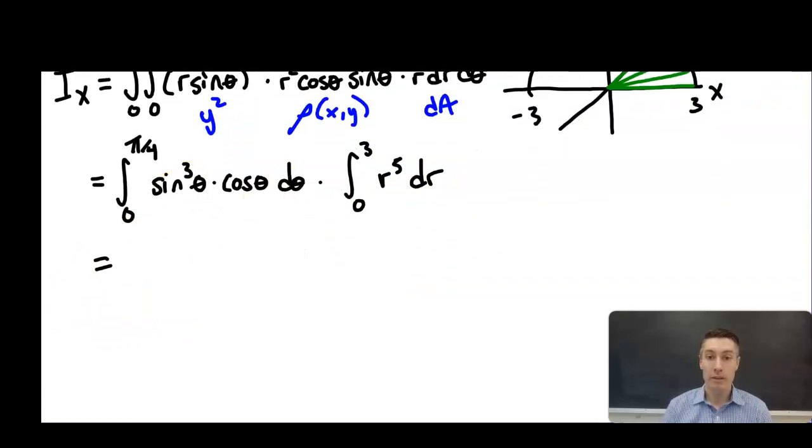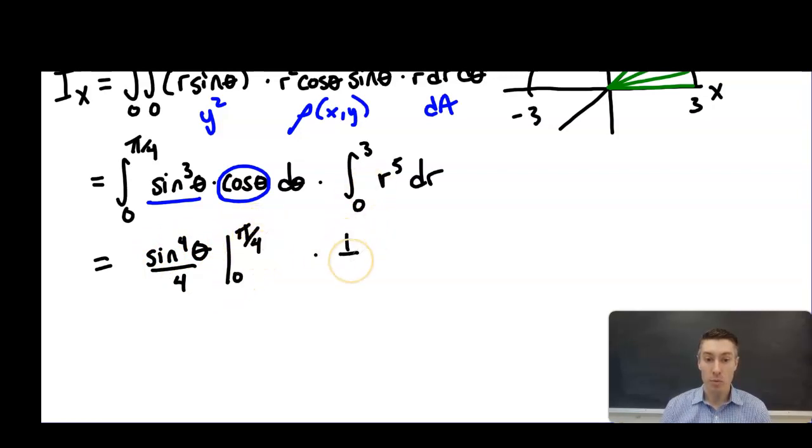So integrating with respect to theta, underline sine, that would be our u in a u substitution. Derivative is cosine, that would be the du term. So we are going to get sine to the 4th theta over 4. Evaluate that from 0 to pi over 4.